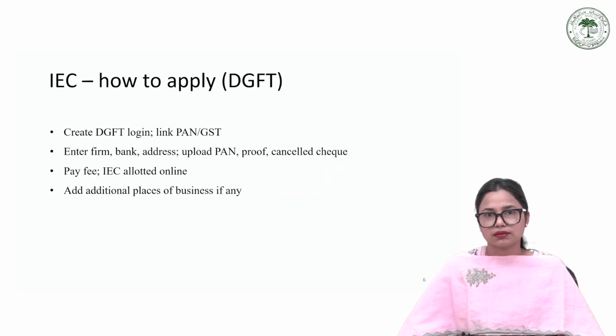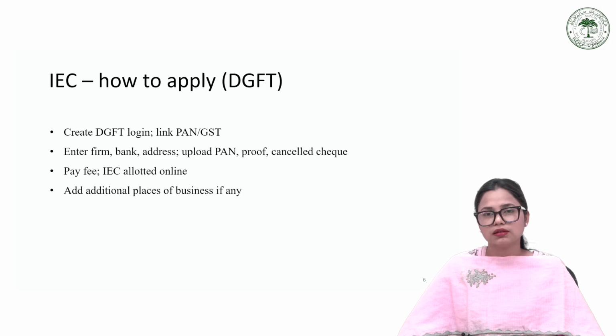How does an exporter apply for an IEC code? So, an exporter must log in on the DGFT portal under the option Apply IEC. First of all, he or she must create a DGFT login, user and password.